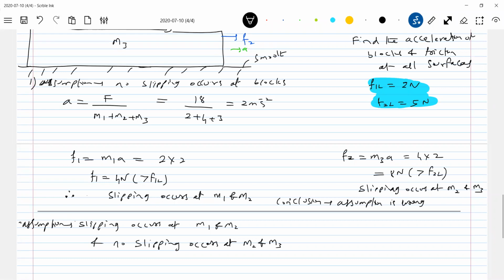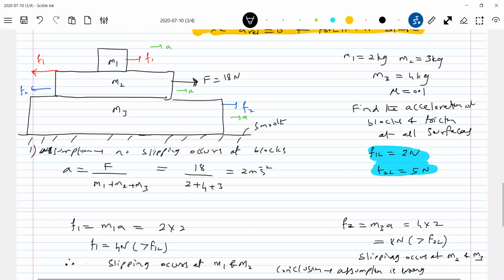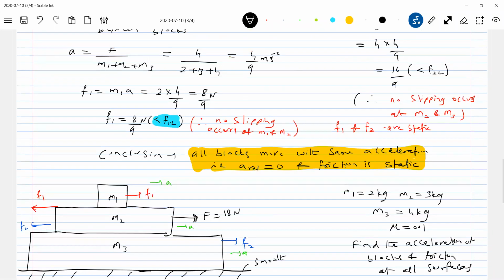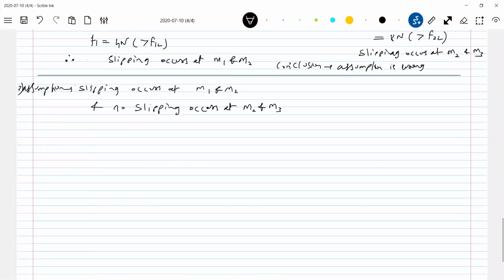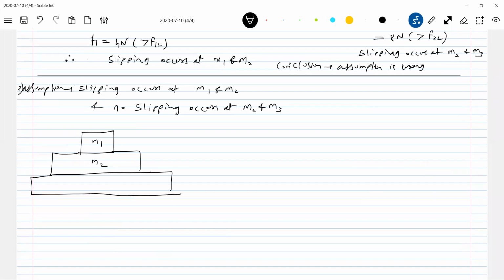What is the second assumption? Slipping occurs at M1 and no slipping occurs at M2 and M3. Let's check whether I am right again here. You are quite independent to assume whatever you want, but you have to cross check.